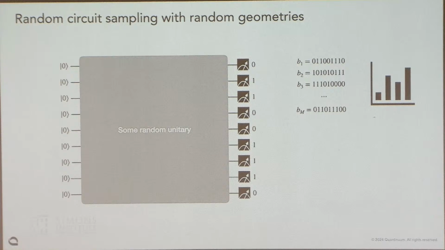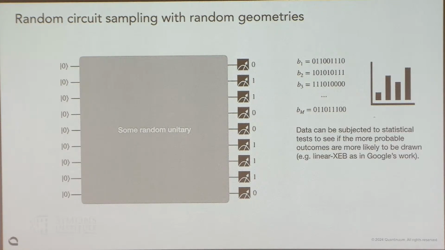Roughly speaking, the idea of random circuit sampling is that not all outcomes are equally likely. There's some structure to the probabilities of observing different bit strings. And so you can subject the data that you get to statistical tests. It could be, for example, linear cross-entropy benchmarking, as Google did. You could test to see whether the more probable outcomes are actually being obtained with more than typical probability.